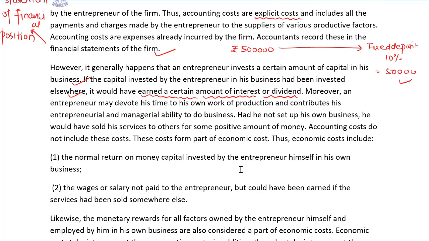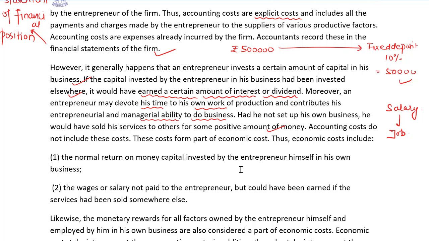Moreover, an entrepreneur may devote his time because he personally works in this organization. So he does the work of production and contributes his entrepreneurial and managerial skills and ability in the business. Had he not set up his own business, he would have sold his services to somebody else and he must have received some salary in terms of his services because he used to work in that company.